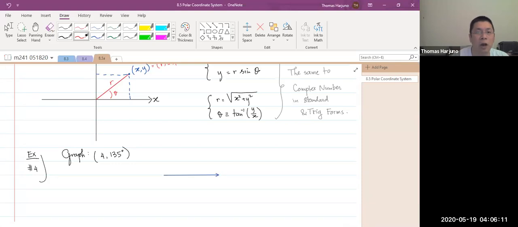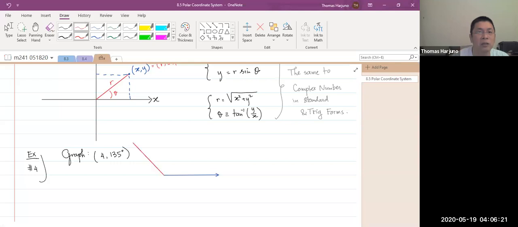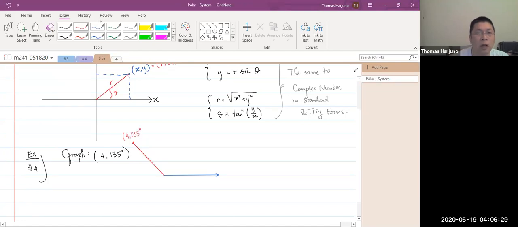Now I will go 135 degrees, but the distance is 4. So this is 4, 135 degrees. How do we get that? The distance here is 4, and the angle here is 135 degrees.